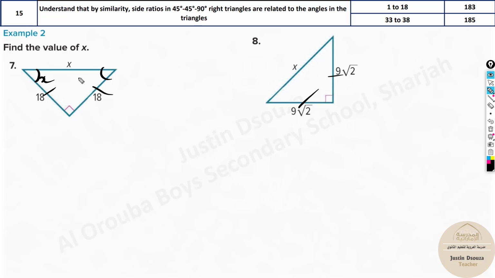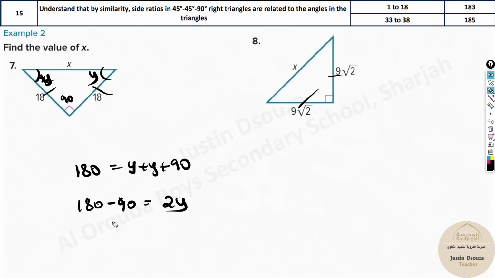So since x is already taken, I'll take it as y and y, and this is 90. So we know 180 equals 2y plus 90. Take this 90 to the other side, it will be 180 minus 90 equals 2y. This is 90 equals 2y, or y equals 45 degrees, and this is 45 and 45.